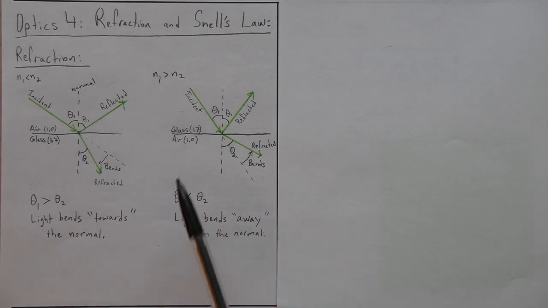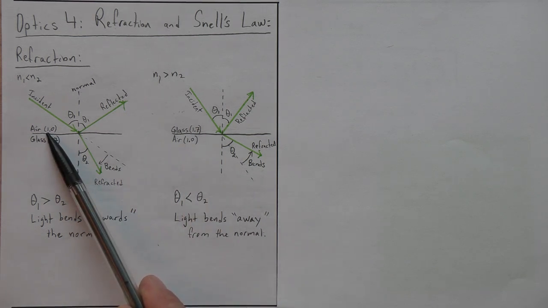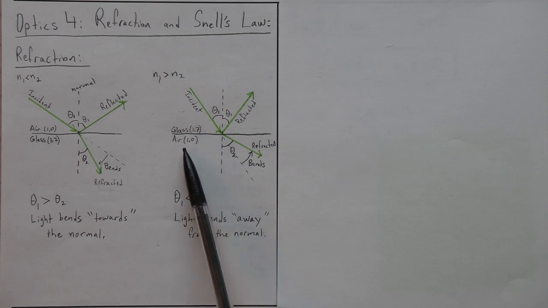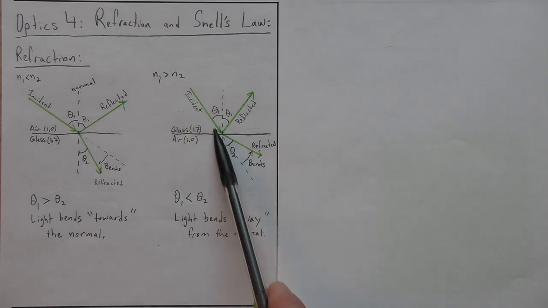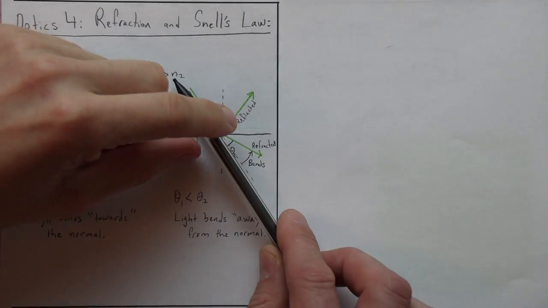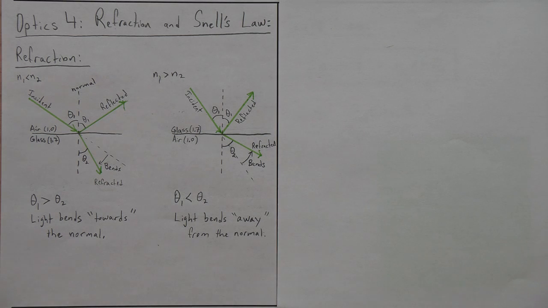So that's the bending. The other possibility is that we start in the higher index instead of the lower index. So we start in maybe glass first, and then the light is incident onto air. What happens then is, rather than the light traveling in a straight line, it bends, like if this were a wire, I'd bend it away, and then it travels even further away from the normal.